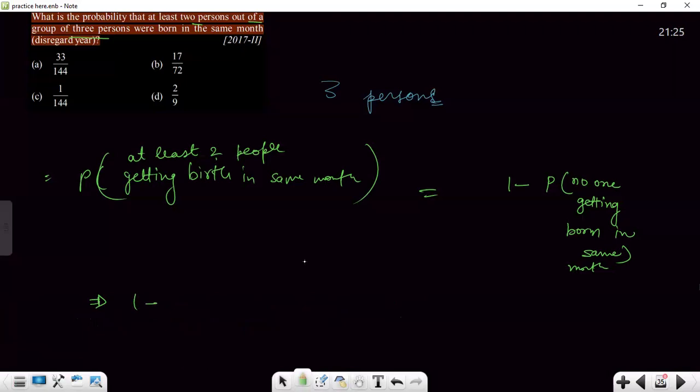Let's say there are three persons and no month can be repeated. One person can be born in 12 months, but the other person should not be born in the same month that P1 was born in. So P2 will have 11 choices and P3 will have 10 choices. Is that clear? Yes or no?